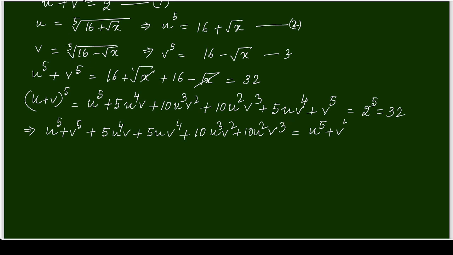I'm not writing u to the power 5 plus v to the power 5, I'm just writing 32. So again this total gives us 32, and the 32 will be cancelled.